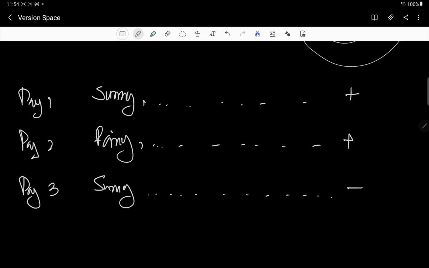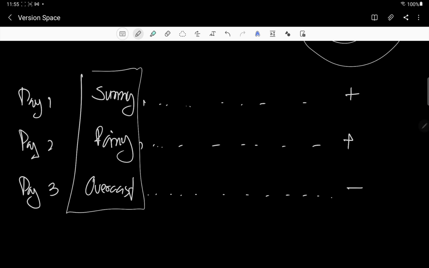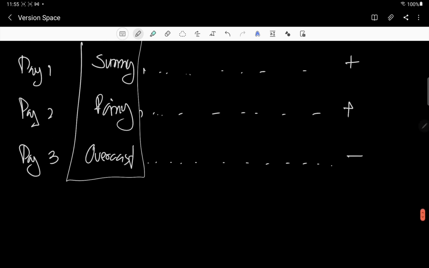Sorry, if it is overcast, for example, another kind, that is the negative one. Okay, so if we focus just on the first attribute here, look at this.